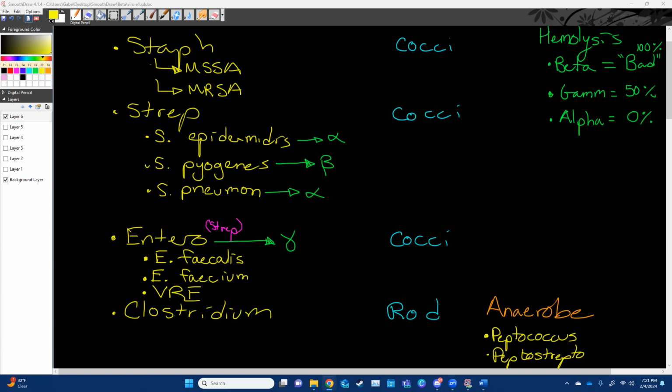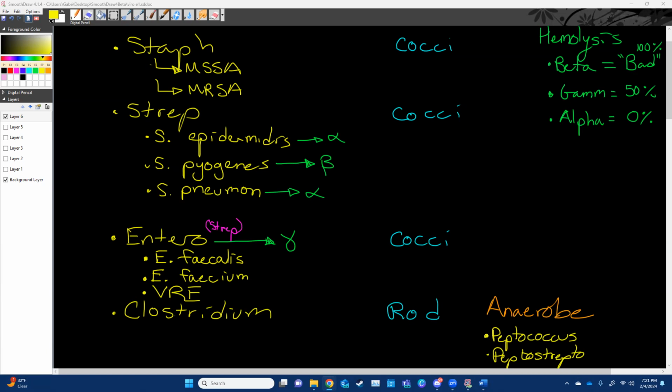So does that mean that everything besides staph, strep, and enterococci, not those two. Oh, yes.